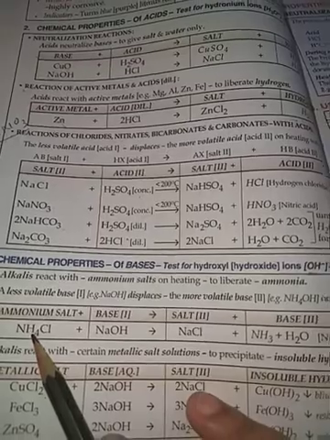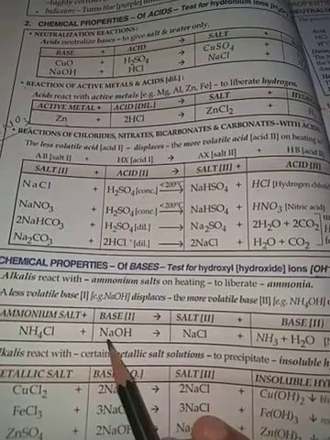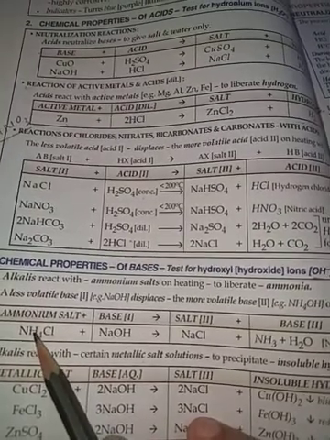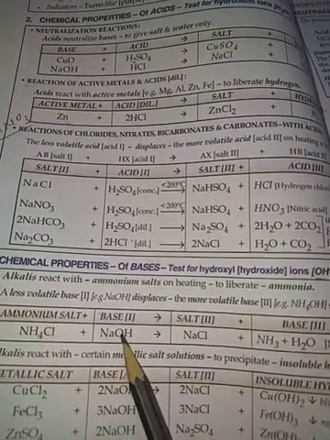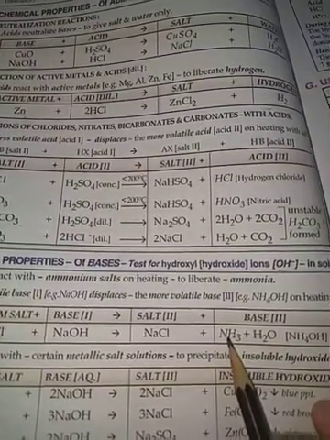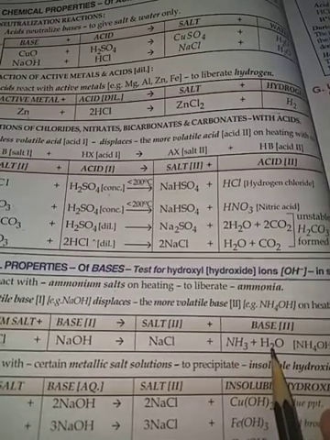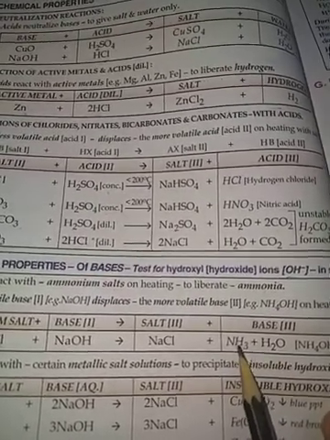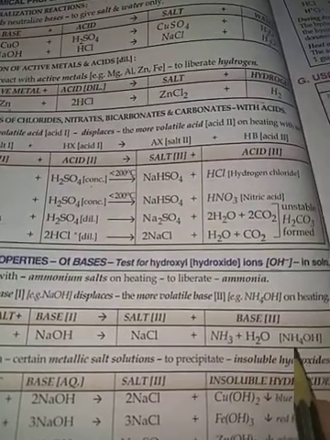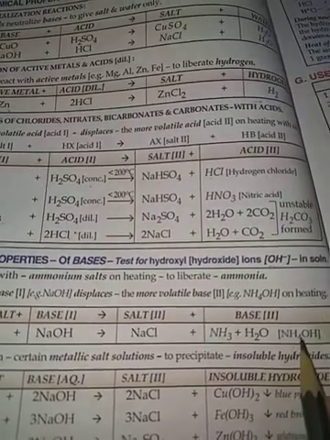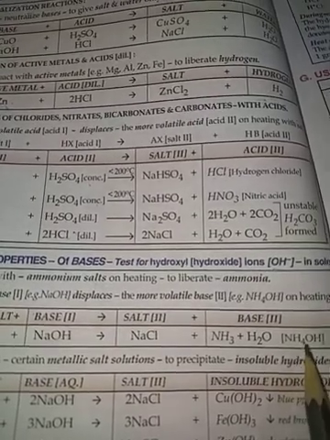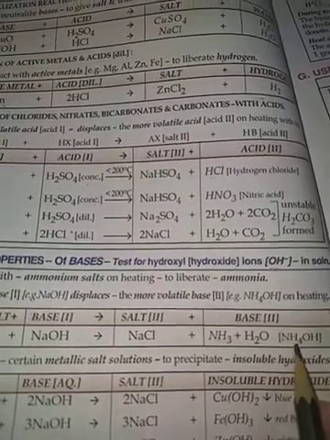The Na and the Cl will combine to form NaCl, and NH4OH will be left, which is in the form of ammonia gas and water. We know that ammonia gas is soluble in water. So when it is dissolved in water we get ammonium hydroxide, which is again a base, and this is the only base which does not contain a metal ion.